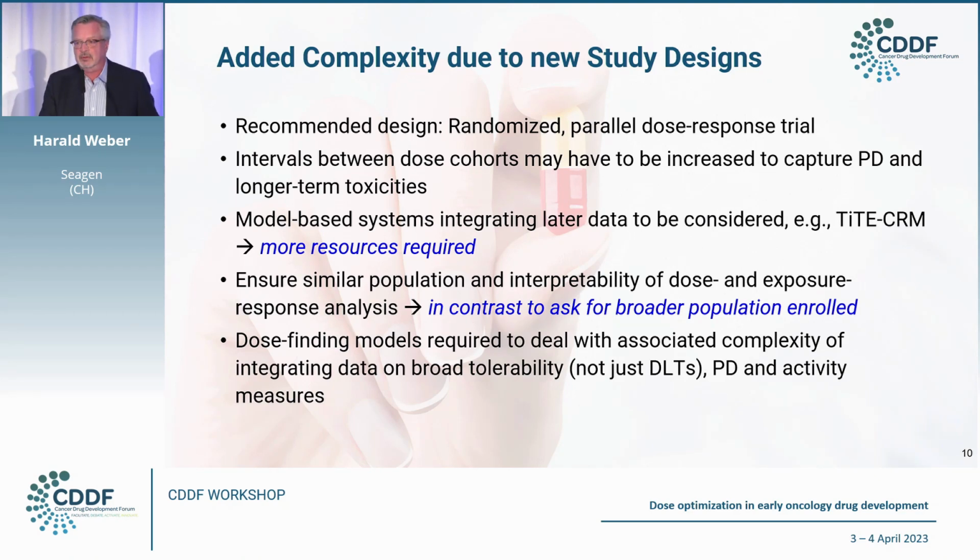Model-based systems, or from the biostatistical point of view, may need to be integrated later in order to be considered, but then more resources are required. And we want to ensure, on one hand, similar populations and interpretability of dose and exposure response analysis. However, that goes in contrast to the request or the guidance to enroll a broader patient population.